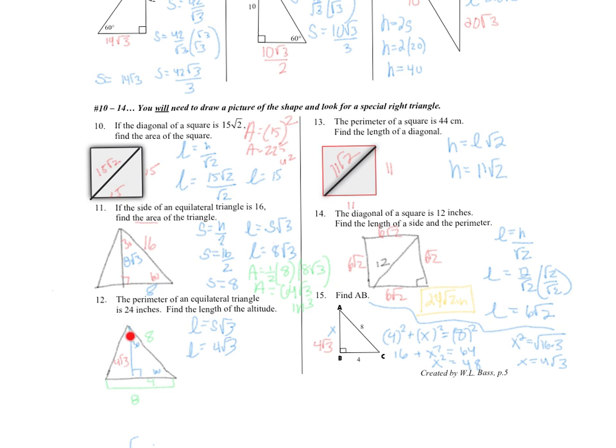So if you take this part right here and you put it here, notice that you could do this without using our special triangles. We can use the Pythagorean theorem. And so if we're still trying to find the altitude, it's just taken out of that picture now, we would say that we have 4 squared, plus x squared, equals 8 squared, where x is what we're looking for. So that's where I got that.